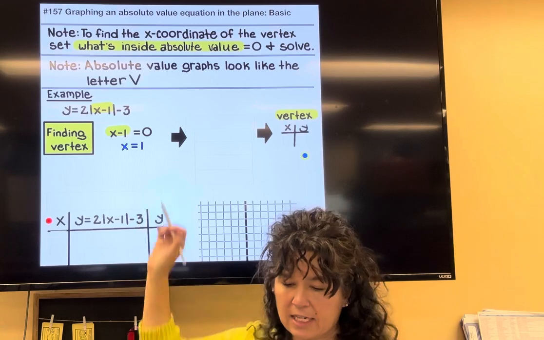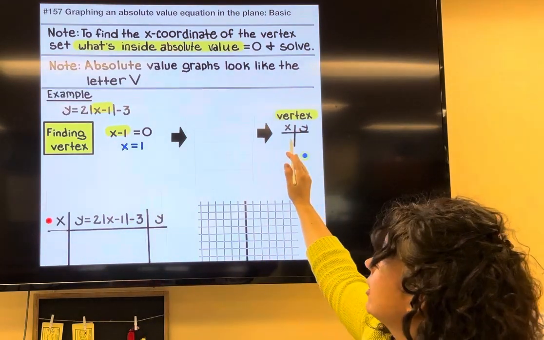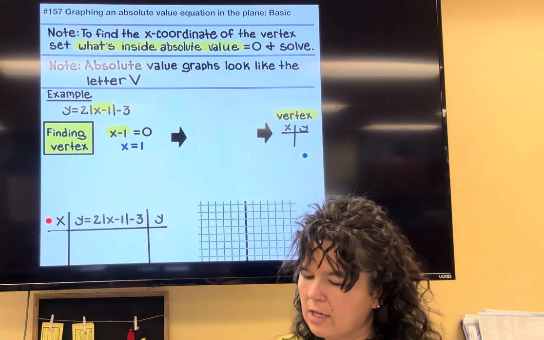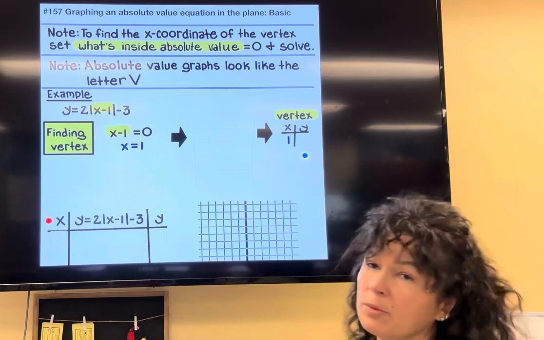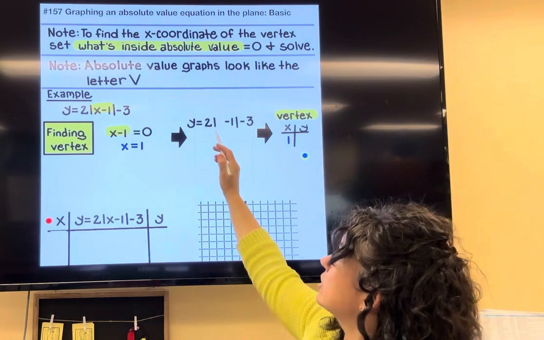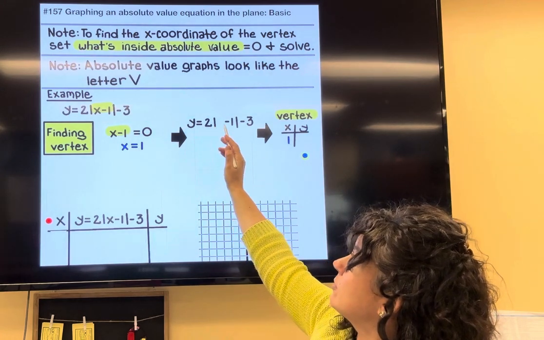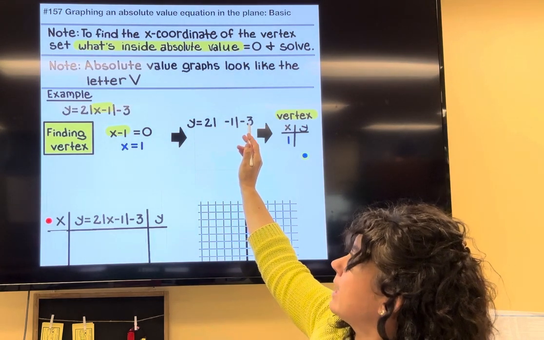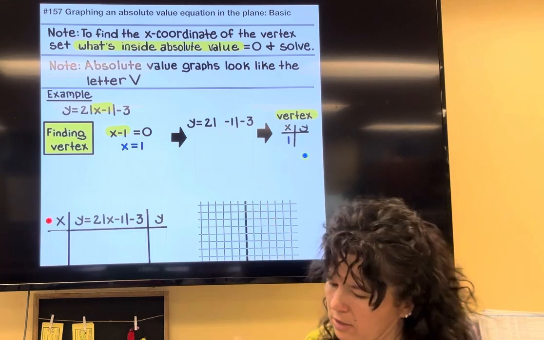Now that I have the x value, I want to substitute the number 1 into my equation. Here's my equation, 2 absolute value of x minus 1 minus 3. So I'm going to put the 1 right here.